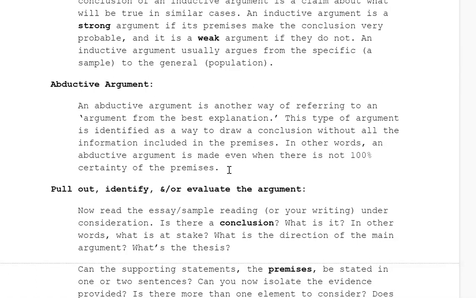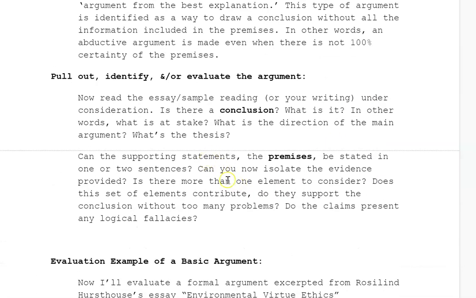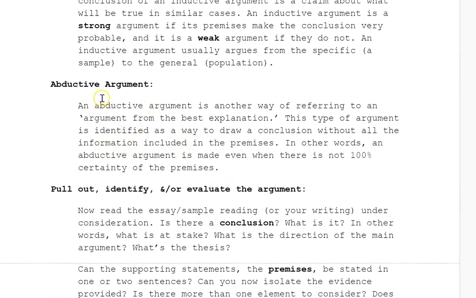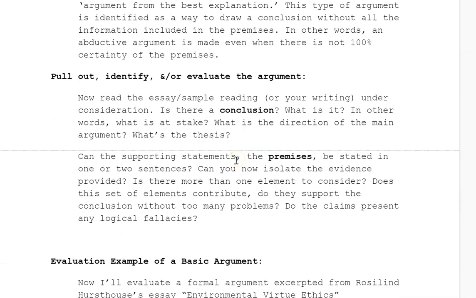The idea of natural selection, according to Charles Darwin, has conclusions about the origin of human beings, for example, that we cannot actually go and find. So the information that is used to draw the conclusion is not 100% available. Okay, so that's a fascinating type of argument to consider.